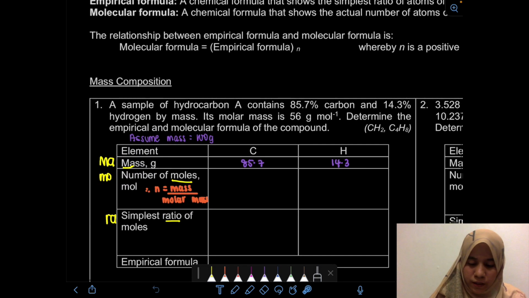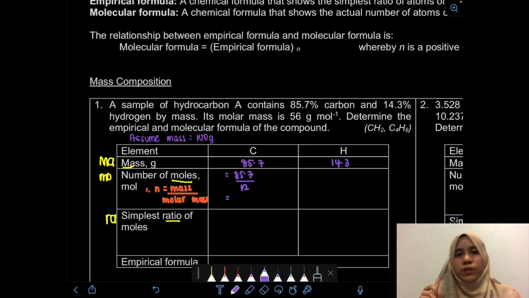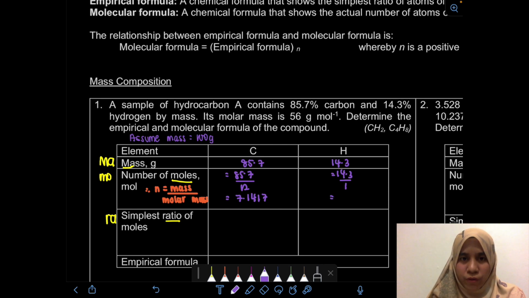So we said carbon is 85.7 divided by 12. The value we get is, and what I would like you to do is, as long as it's not the final answer, take 4 decimal places: 7.1417. In this case, hydrogen is divided by 1, so how do we get 4 decimal places?